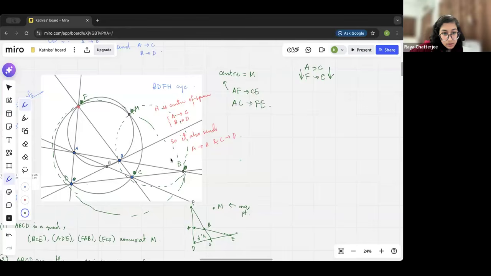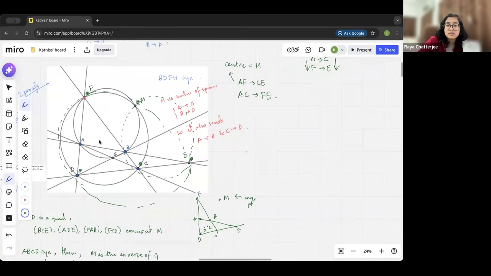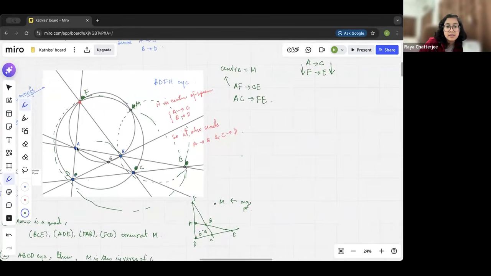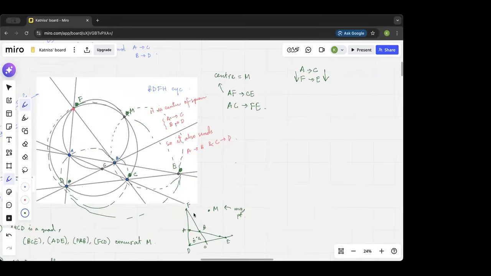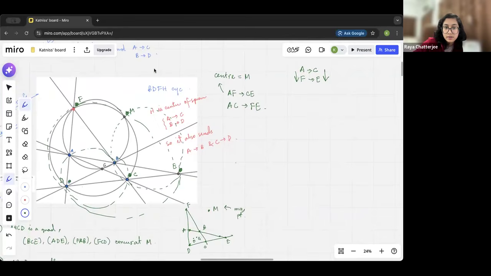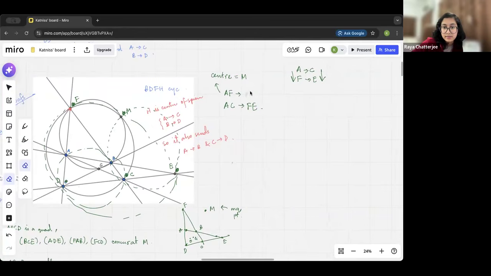You know what? That kind of seems wrong. And also, just to clarify, this is in the case of a cyclic quadrilateral ABCD. Oh wait, wouldn't it be FC to AE? I think I messed up the order. Oh wait, this is not CE, this is EC. Okay, then I think it should work out.